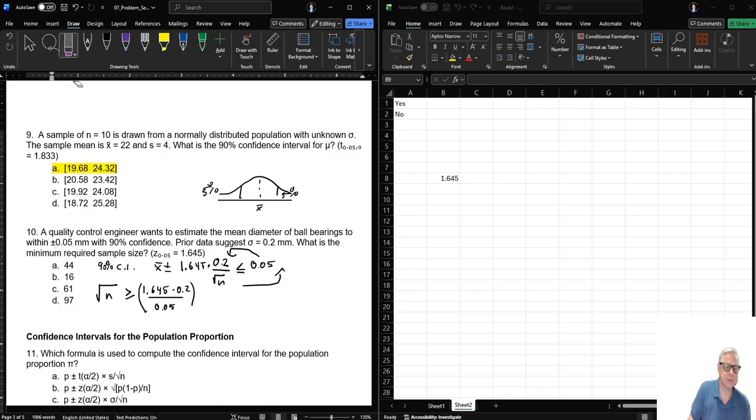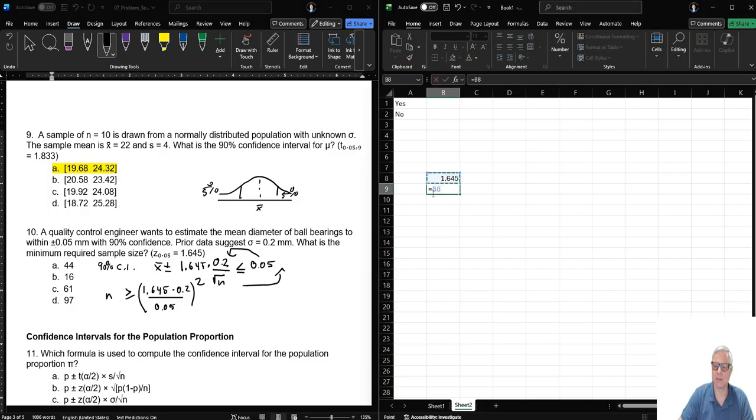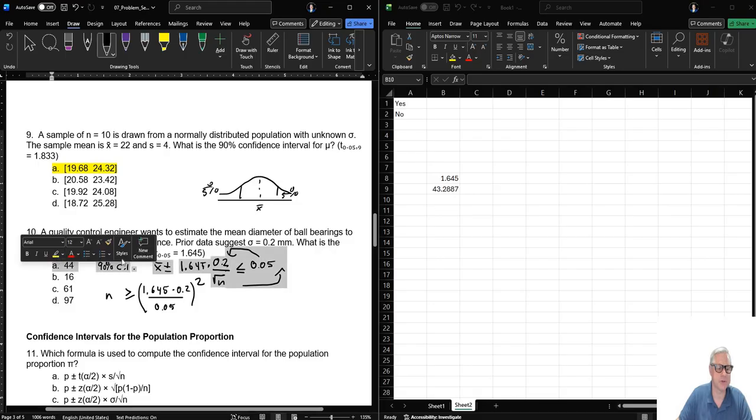So that means we square both sides. And I just can continue here in Excel. This is equal to 1.645 times 0.2 divided by 0.05. And now we put that into parentheses and we square it. And now we see 43, so there should be an answer 44, which is A.